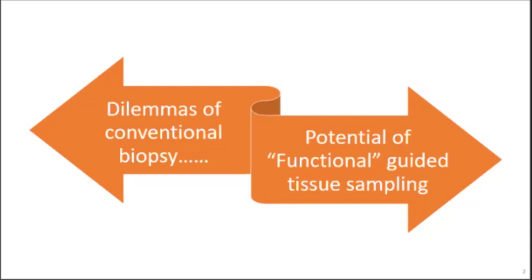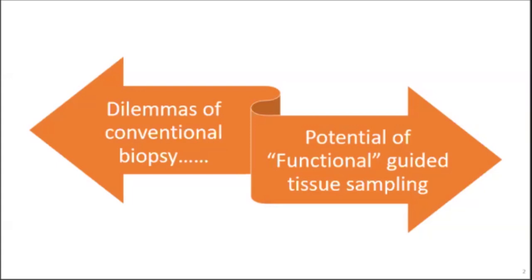They can potentially have sampling error due to tumor heterogeneity, and they also have their own procedural complications. And the greatest issue is that conventional biopsies depend upon anatomical imaging. Sometimes these anatomical changes may not fully show the extent of the disease process.